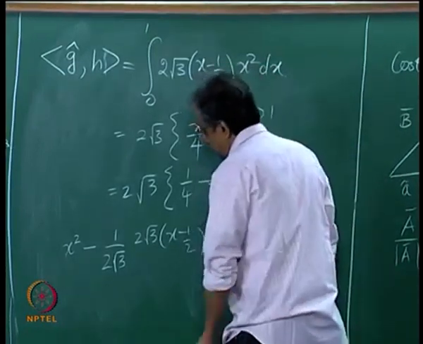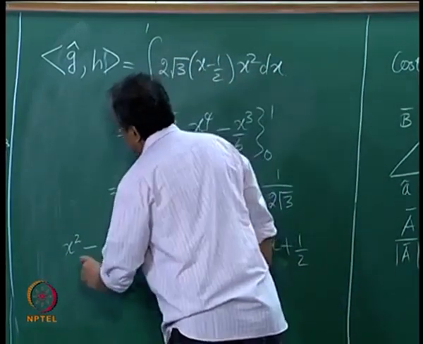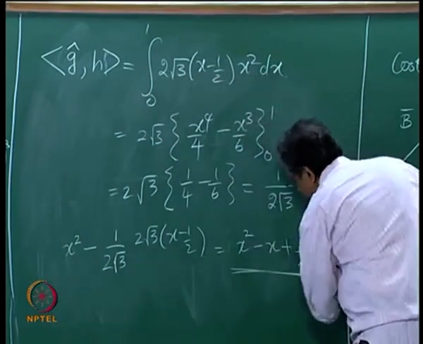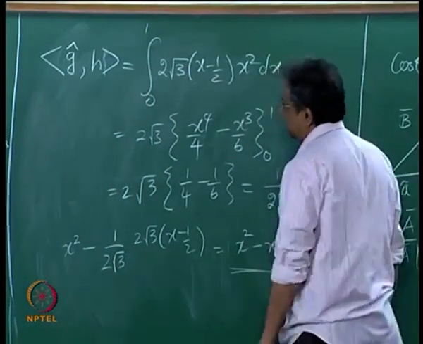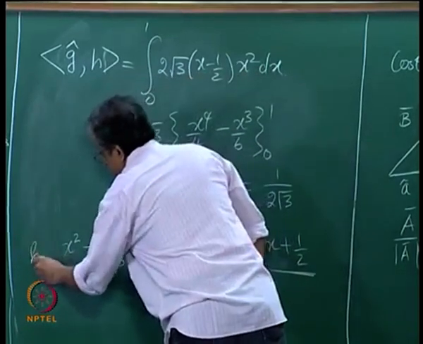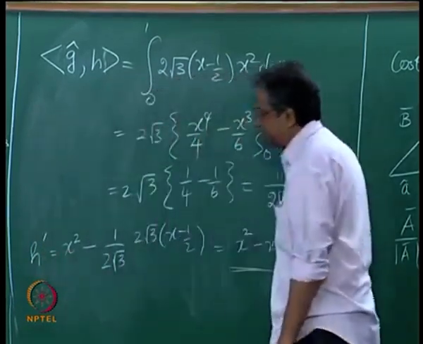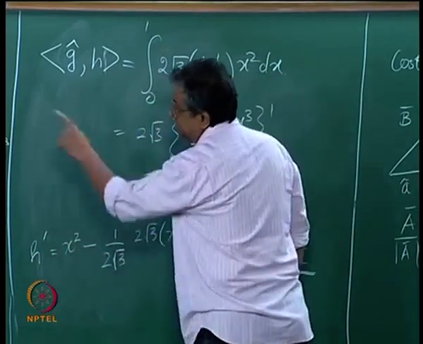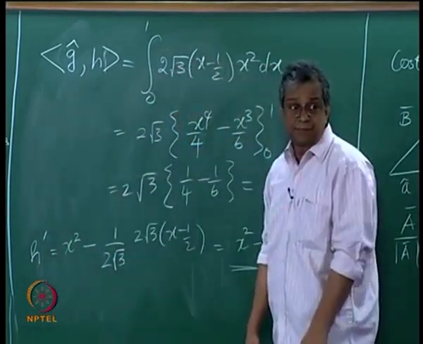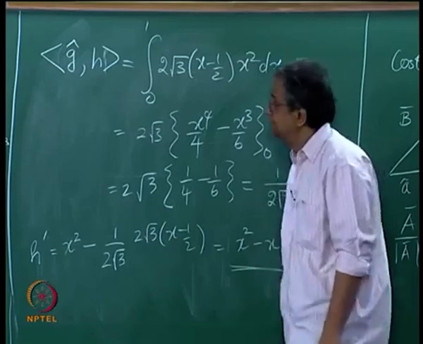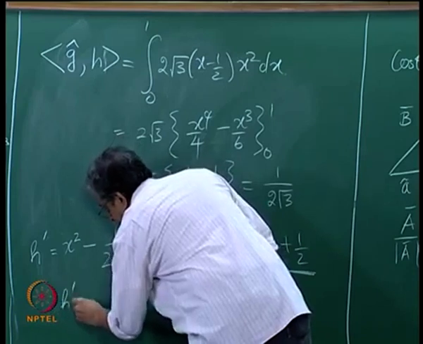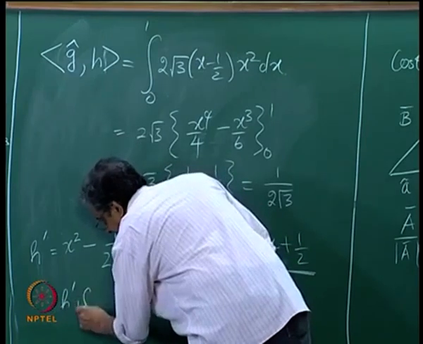So what do we have now? We have removed the g hat component. What I will call this is h prime. Now from this I want to get rid of the component that belongs to the function 1. So what is h prime dot f?